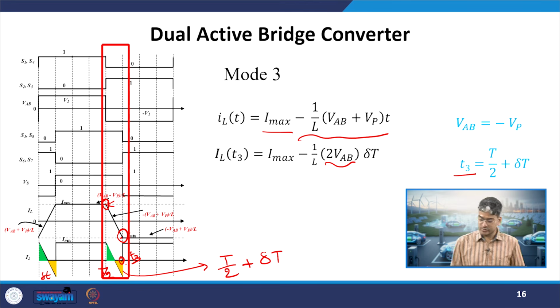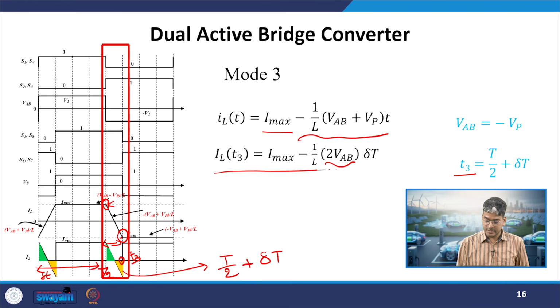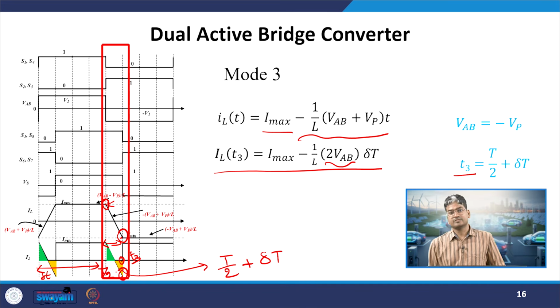T3 will be equal to T by 2 plus delta T. Because this is my half cycle, that is T by 2, and this mode 3 starts from the end of first half, and it is valid for one division, which is delta T time. So, T by 2 plus delta T, that will be my T3 value. When I replace that, I will be able to find out what will be the current at the end of mode 3. And when I replace the actual values, I will observe that it will become equal to minus I max.